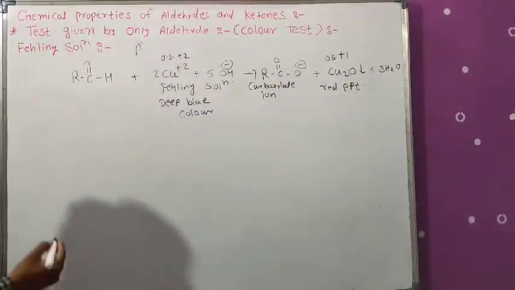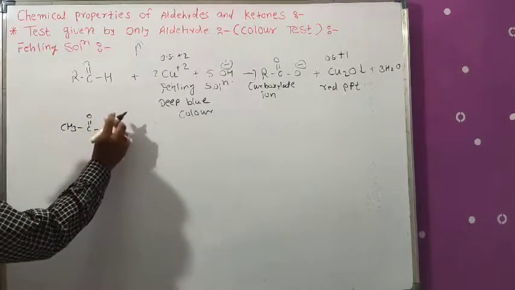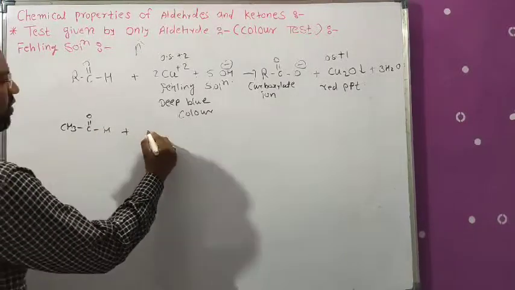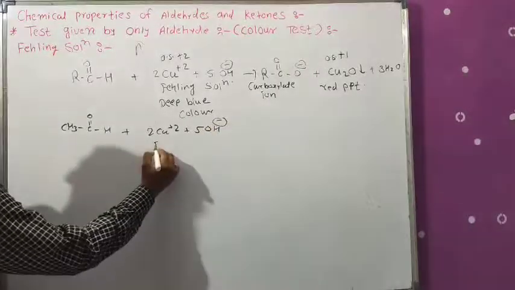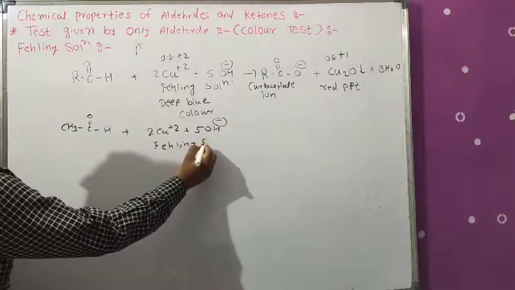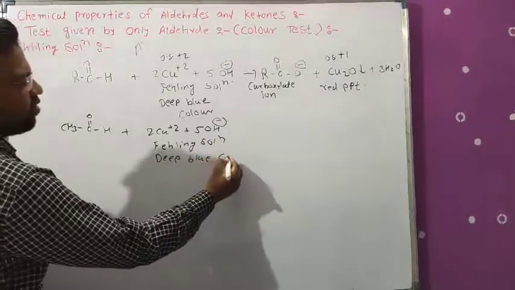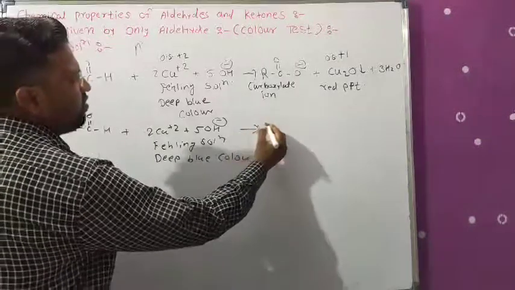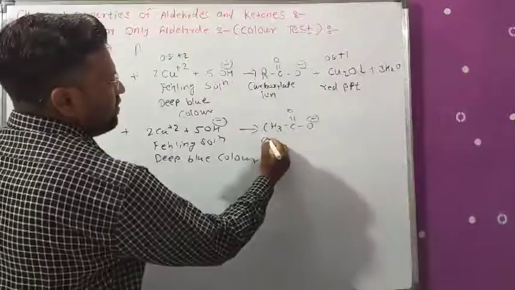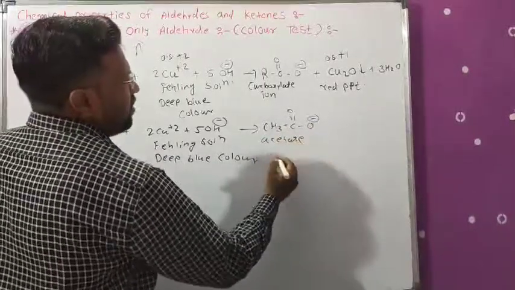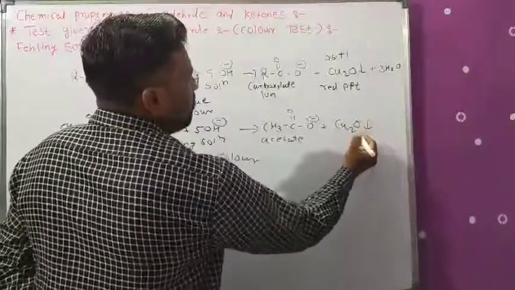We see another example: when acetaldehyde, CH3CHO, reacts with Fehling solution, which has the deep blue color, it is converted into the carboxylate, that is the acetate ion, okay, and a red ppt of cuprous oxide is formed.